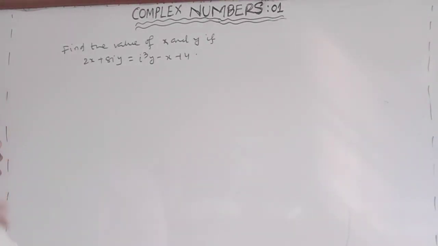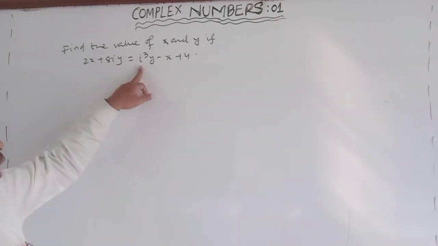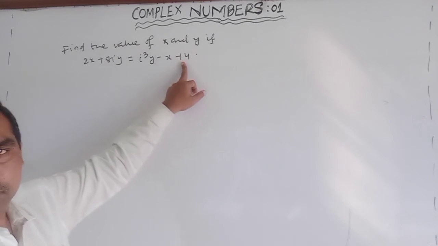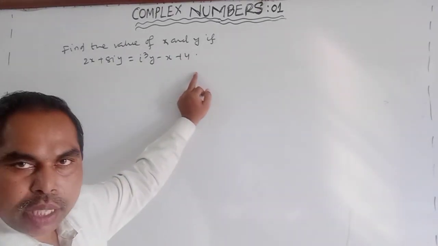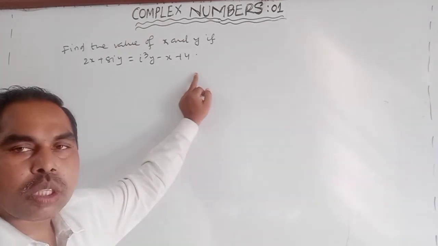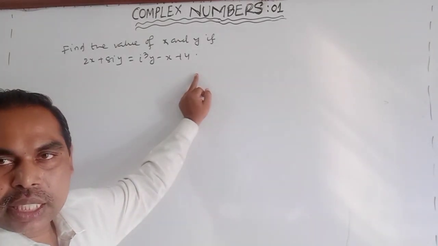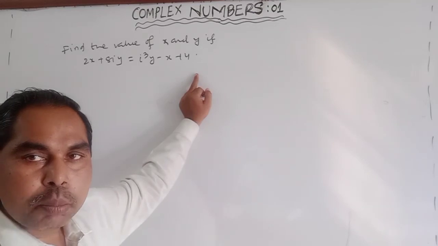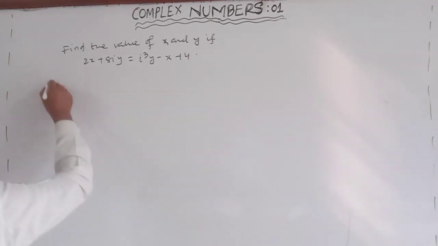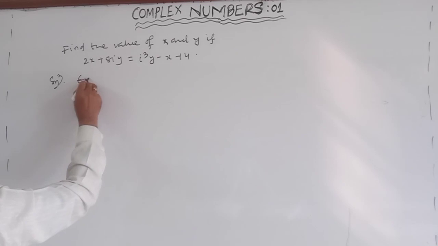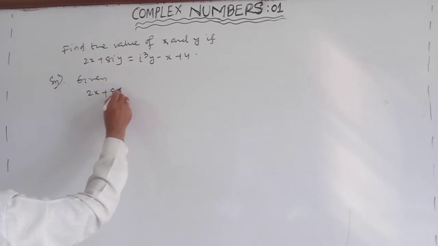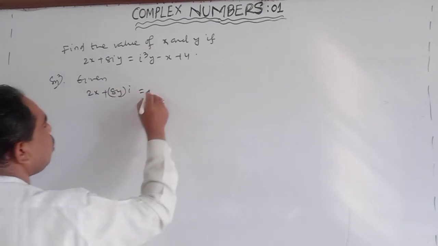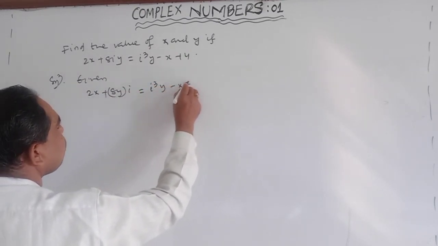Find the value of x and y if 2x plus 8iy is equal to i cube y minus x plus 4. This is two complex numbers. Since two complex numbers are equal, their real parts are equal and imaginary parts are equal. The solution: given 2x plus 8y into i is equal to i cube y minus x plus 4.